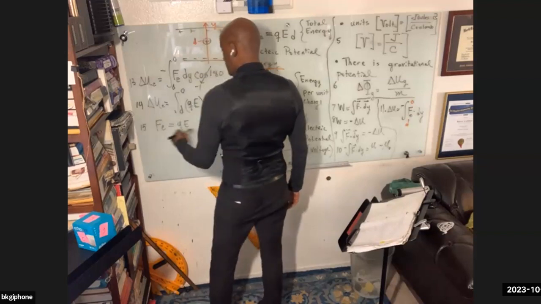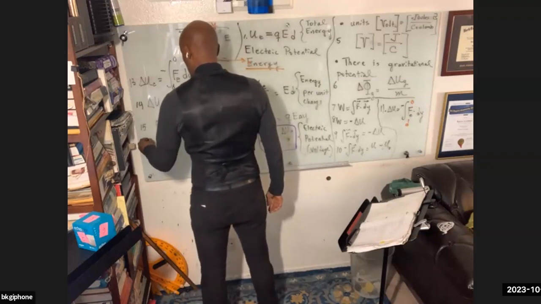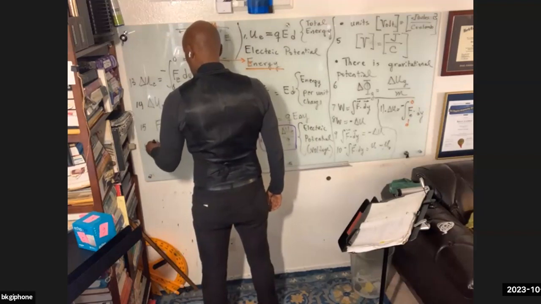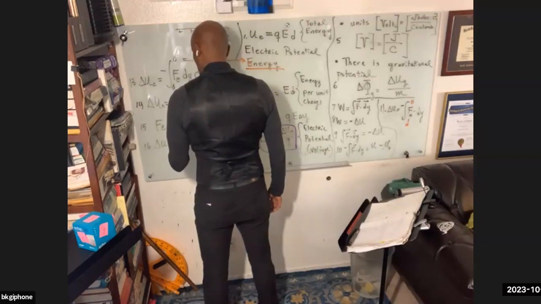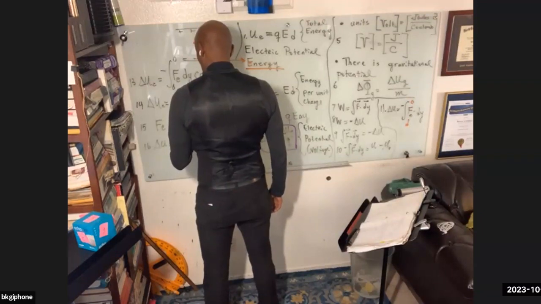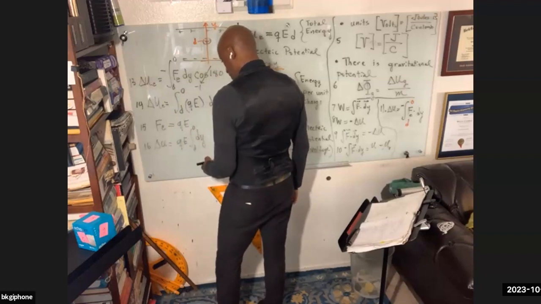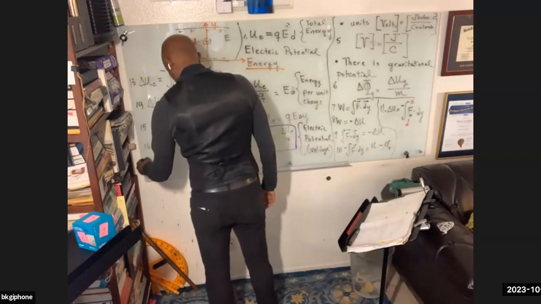And then those are constants that come out of the integral. So what we're integrating is delta U equals Q times E times the integral of dy from D to 0. So final minus initial is going to kick out another negative sign.